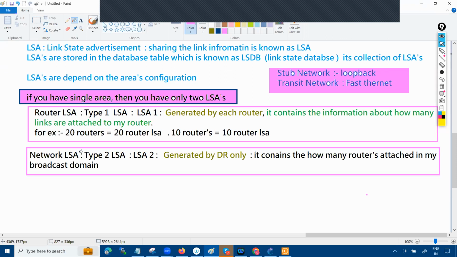Then you have two LSAs in one area: LSA type 1 and LSA type 2. Right, exactly. And that single area can be area 0, area 1, or area 2, anything, whatever. Single area, two LSAs only.